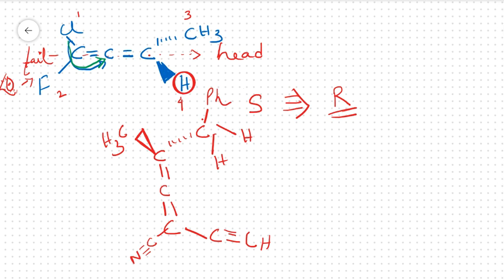So if you come to the priority order, this will be 1, this will be 2, this will be 3 and this is 4.